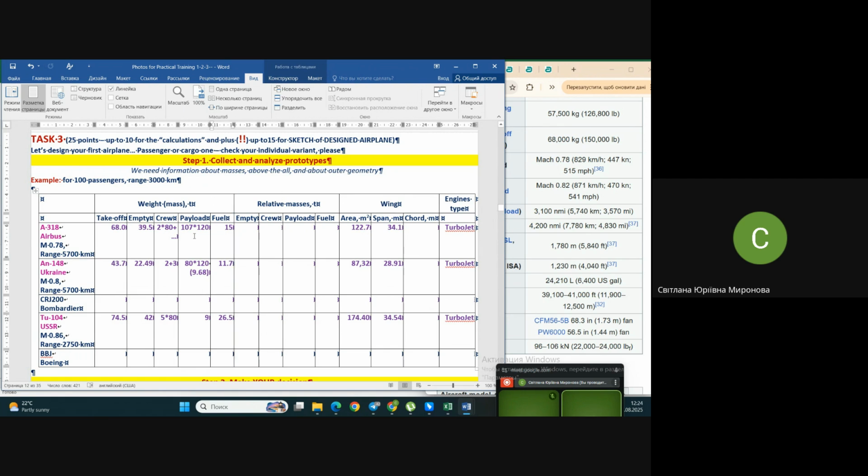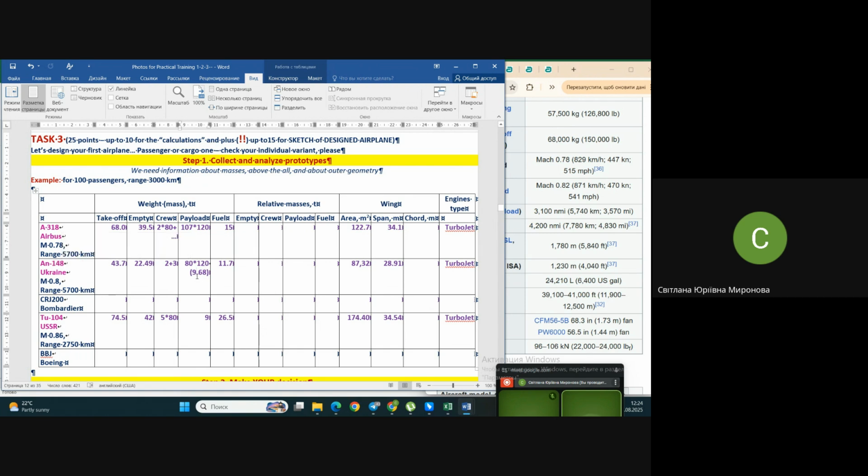What you see here, 120 kilograms. I took information about the A318 with 107 persons. Each of them is 120 kilograms, and they weigh this much. The same is Antonov 148, 80 persons, 120 kilograms.